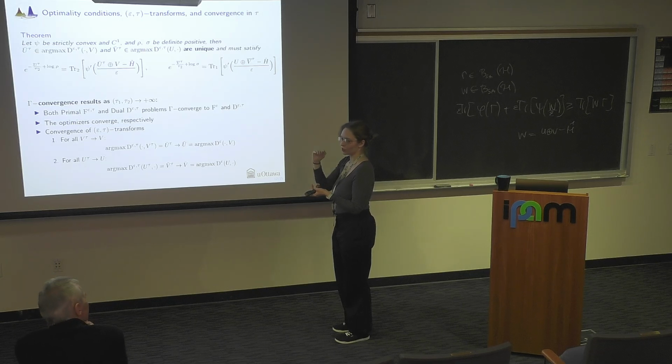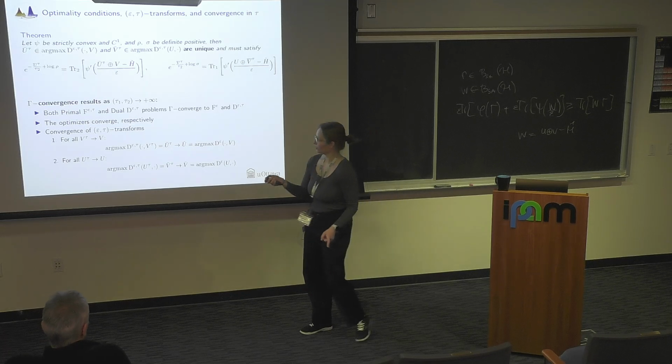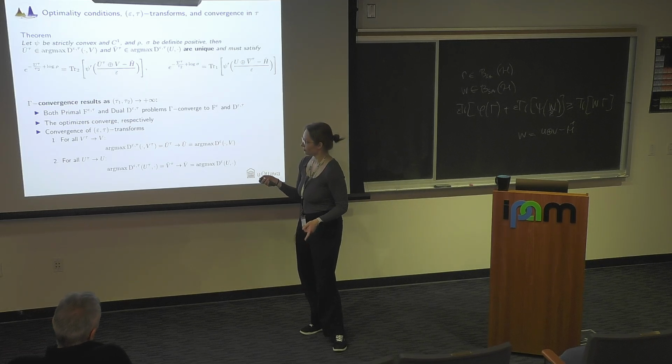We show some equicoercivity conditions on the maximizing sequences, and then from this we can use the bazooka of gamma convergence to get that the optimizers are also converging. So we show that the optimizers do converge.